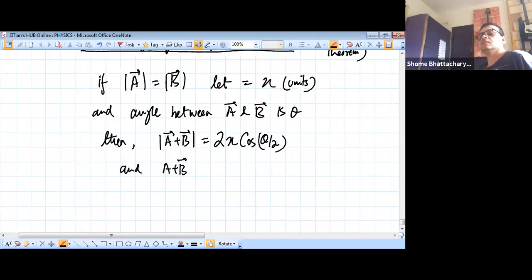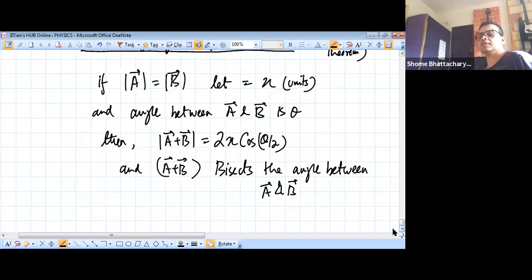the resultant bisects the angle between A and B. So it's actually easier to remember this visually. So I'll explain it like this.